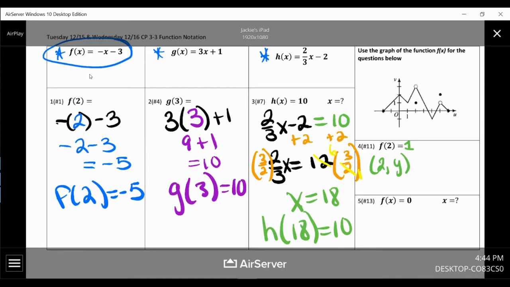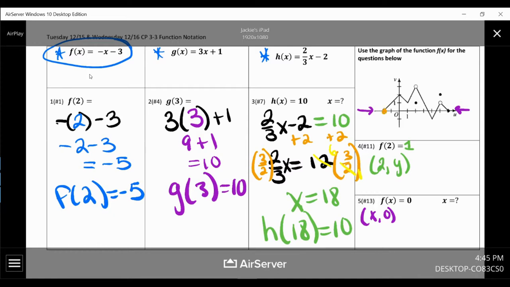Now f of x equals 0, so this time we know the value of y, but we don't know the value of x. So we want to find the points where y equals 0 on the graph above. So y equals 0 on the x-axis. And so there are several points on this graph where the y value equals 0.